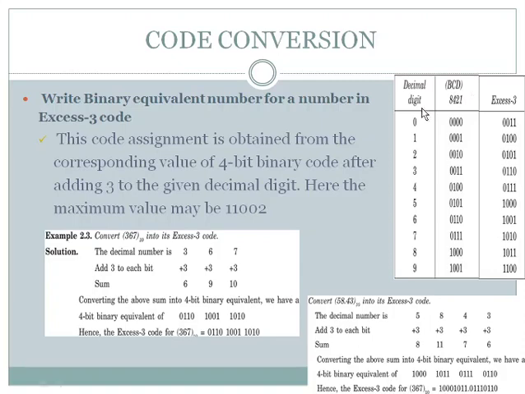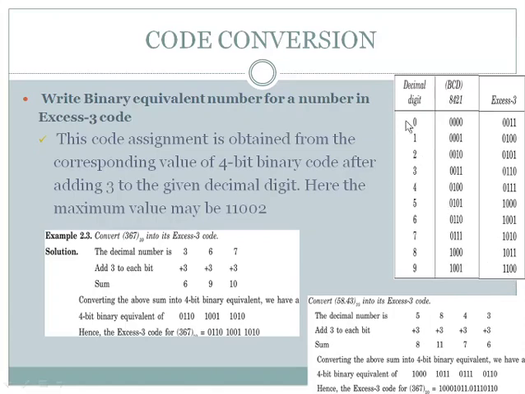So when you want to write the XS3 code for 0, we'll add 3 to this decimal digit, so it becomes 3, and for 3 we'll write the 4-bit binary equivalent, which is 0011. Similarly for 1 we'll add 3, so it becomes 4, and for 4 I will write the 4-bit binary equivalent, it is 0100. Similarly for 9 I will add 3, so it becomes 12, and for 12 I will write the 4-bit binary equivalent, it is 1100.